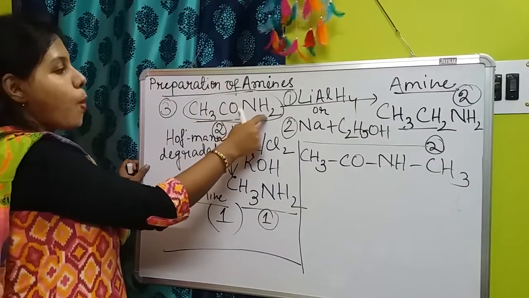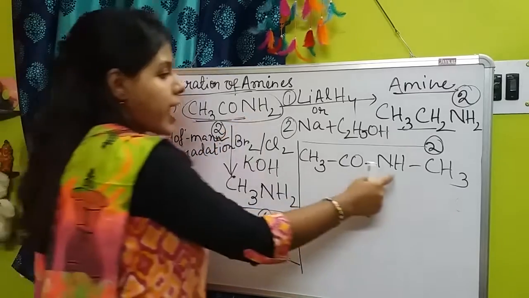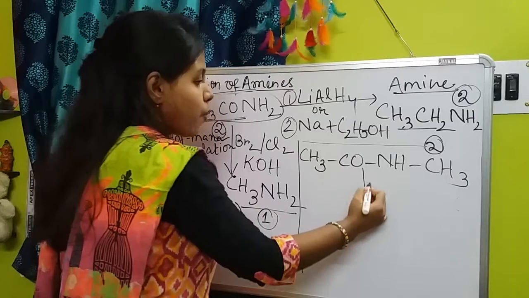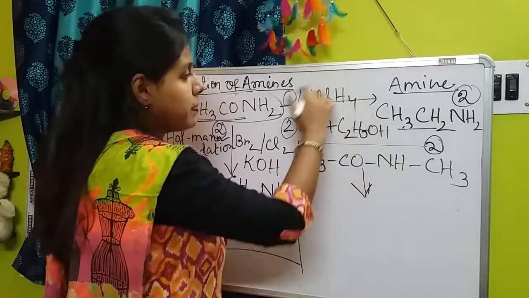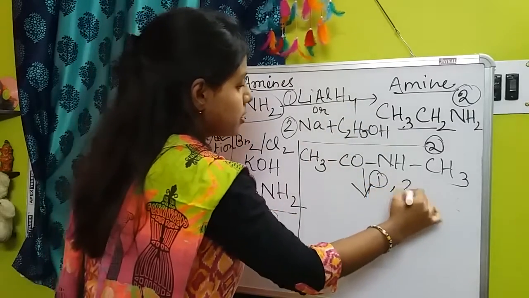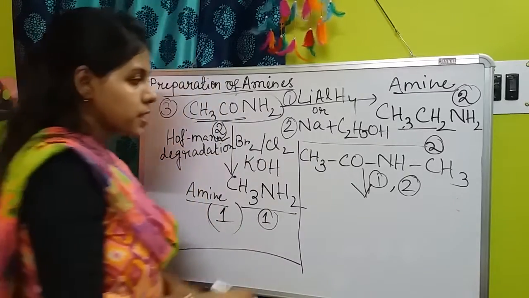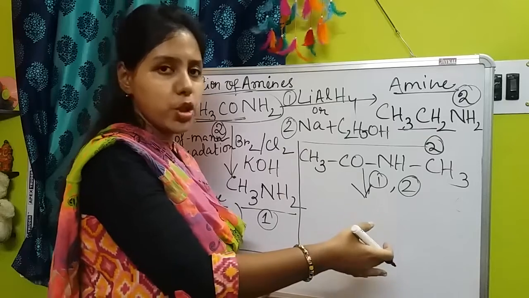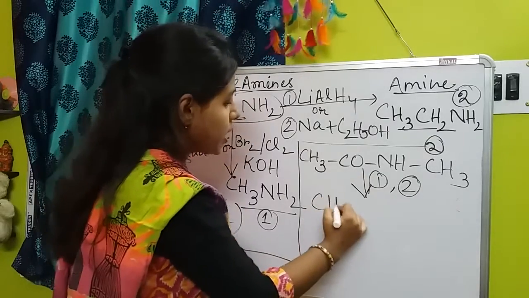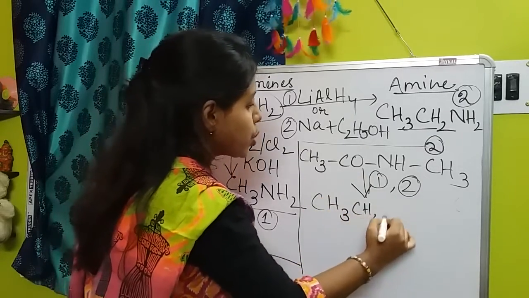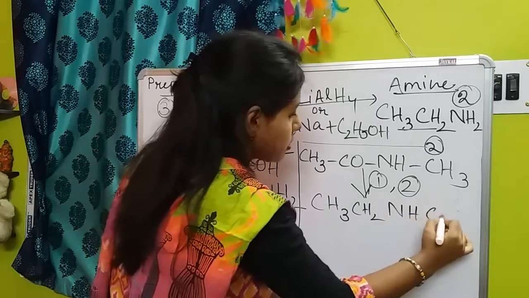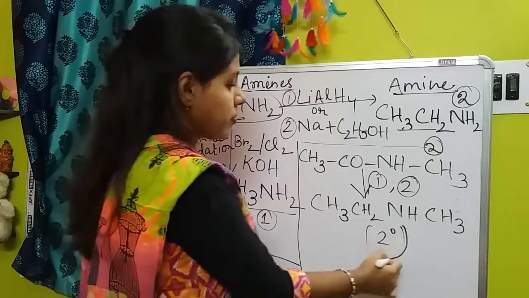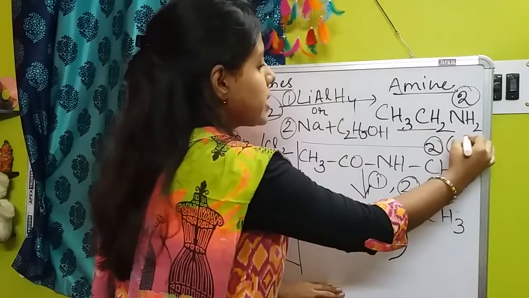That means one hydrogen of acetamide has been substituted with a methyl group, and after that we use the same reducing reagents for reduction. So just this oxygen will be converted into two hydrogens. So from here we are getting a 2 degree amine, and this was a 1 degree amine.